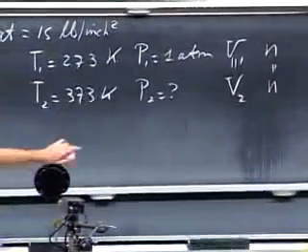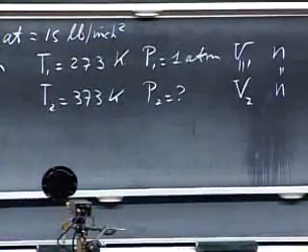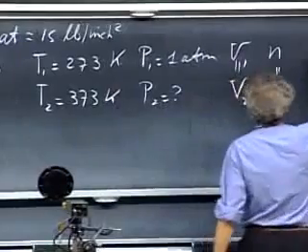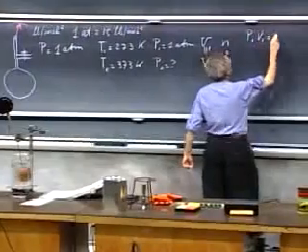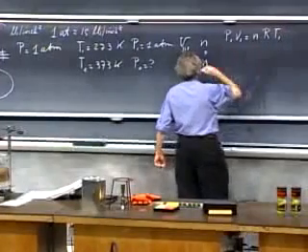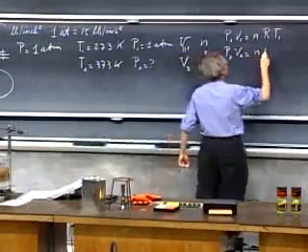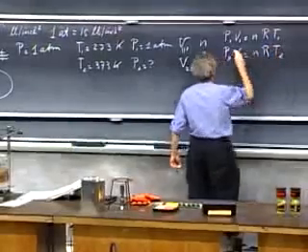So now we can predict with the gas law what the pressure is going to be when we stick it in the boiling water. So we're going to get that P1 V1 equals nR T1, P2 V2 equals nR T2.